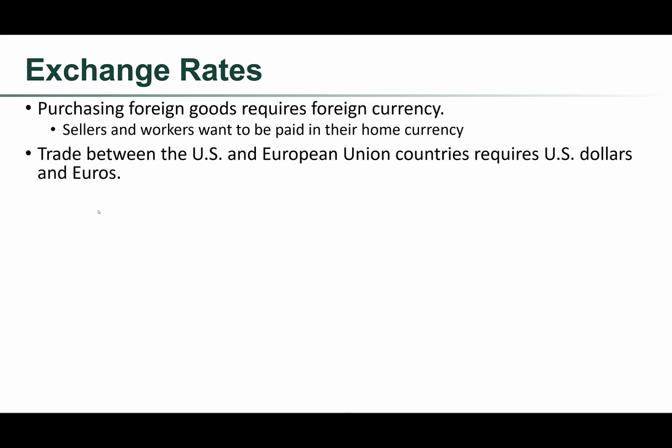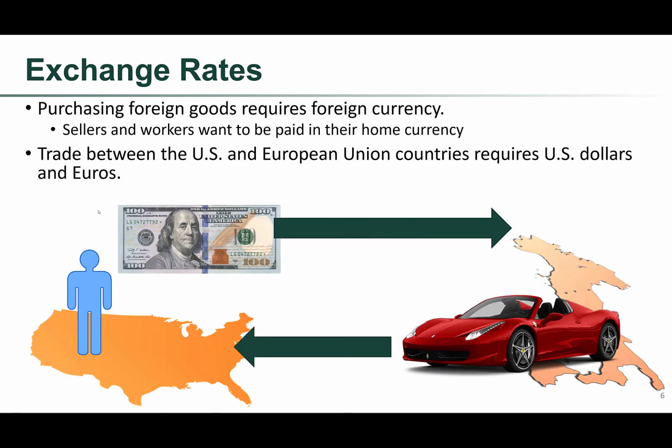So essentially what we need to think about is I have my money right here. This is me. This is a really nice car. So somehow I've managed to buy this car for $100. And so I want to somehow send my $100 bill over here and in exchange get this car.